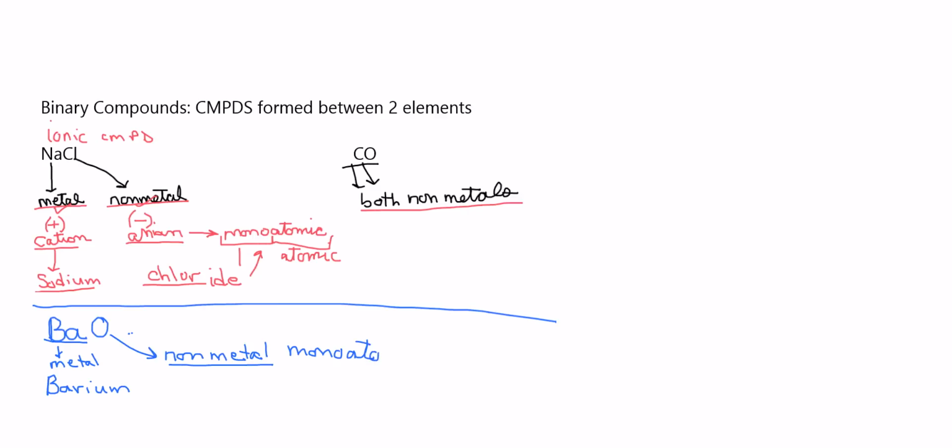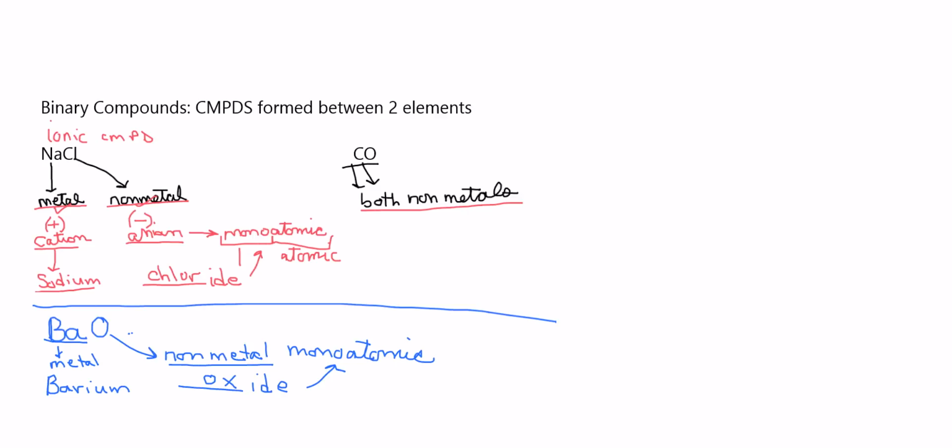And so I know I'm going to have an IDE ending because it's monoatomic. And to describe that it's actually originating from oxygen, I have ox as my prefix. So the name of this compound is barium oxide.